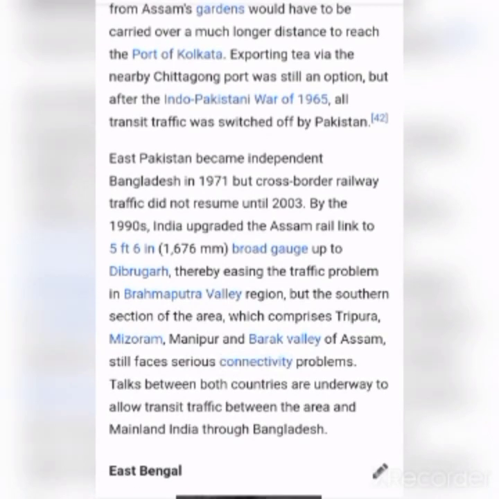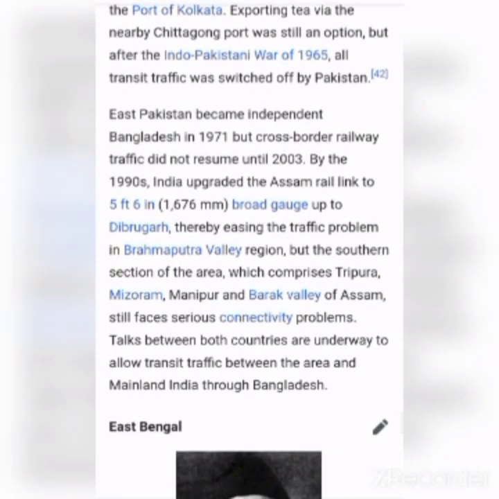But the southern section of the area, which comprises Tripura, Mizoram, Manipur, and Barak Valley of Assam, still faces serious connectivity problems. Talks between both countries are underway to allow transit traffic between the area and mainland India through Bangladesh.